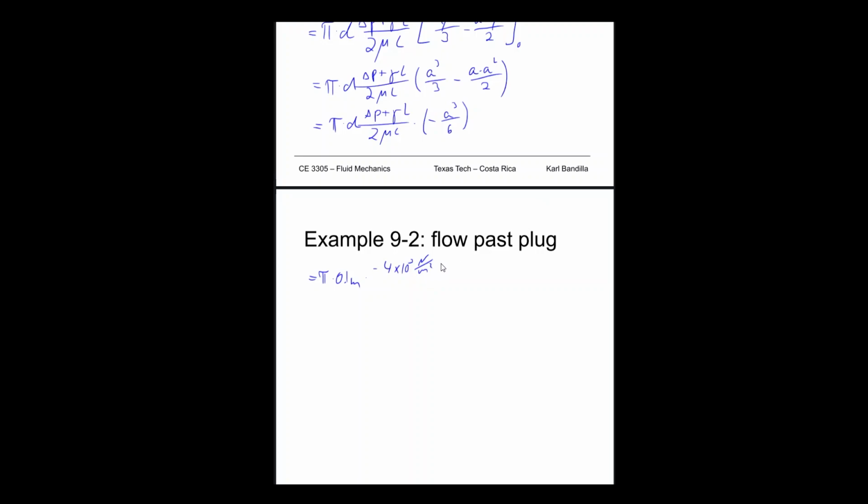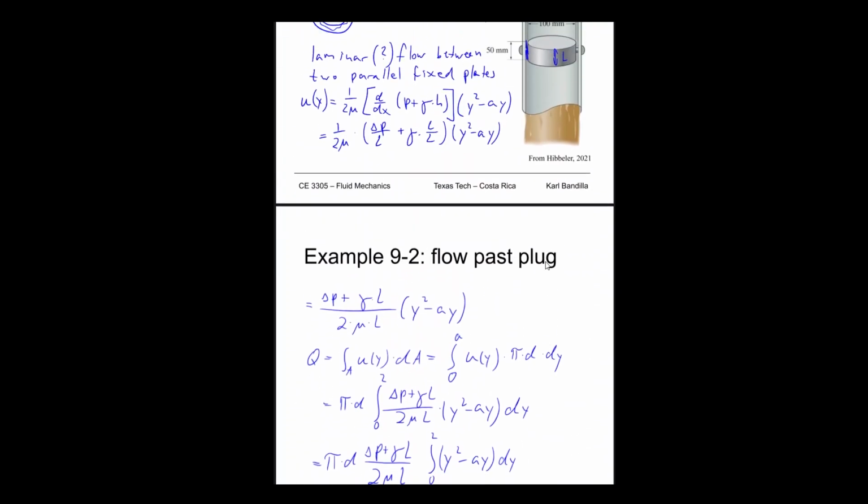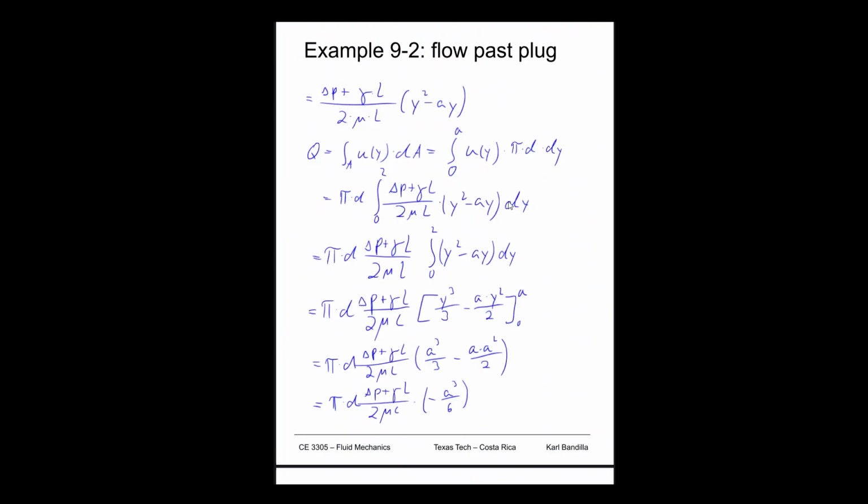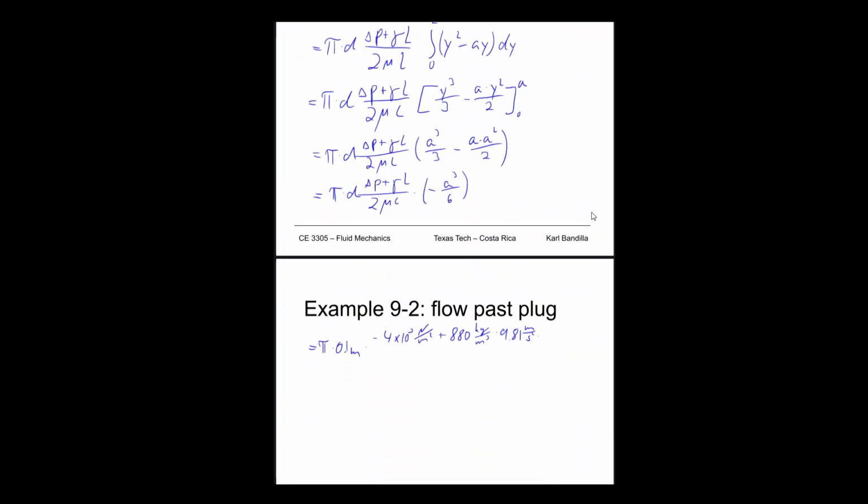And then we have plus gamma L, so our rho is 880 kilograms per meter cubed times 9.81 meters per second squared. The L, we're saying, was the height of the plug. That was 50 millimeters, so it'd be times 0.05 meters.